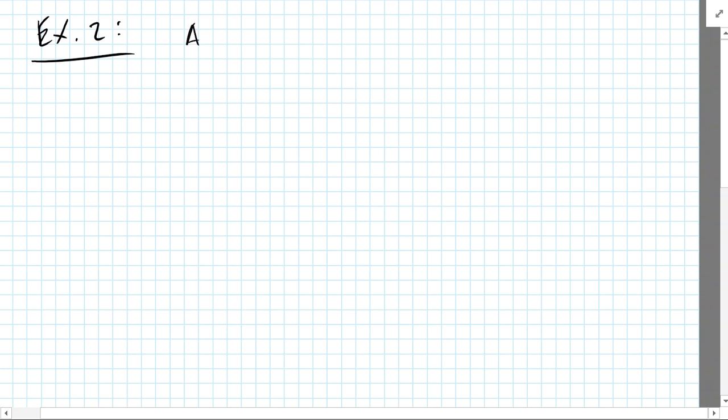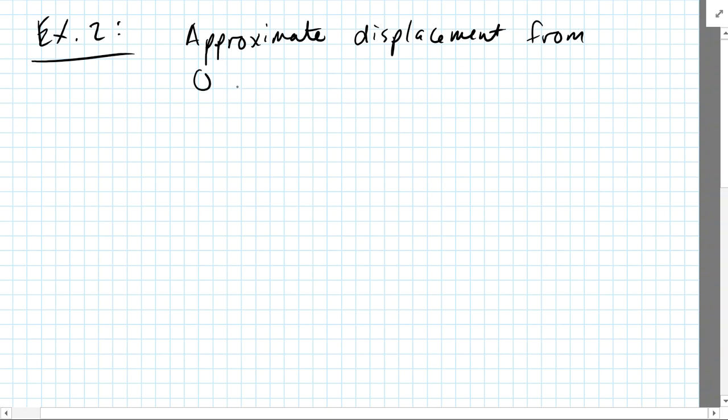So now we're going to approximate displacement, so it's particle motion, and we'll get to this in chapter 6. We've already talked about it a little bit, 0 to 3.5 seconds for the following velocity data.